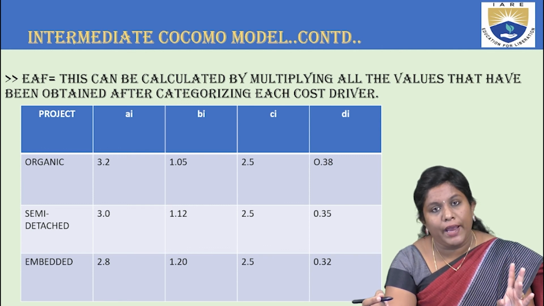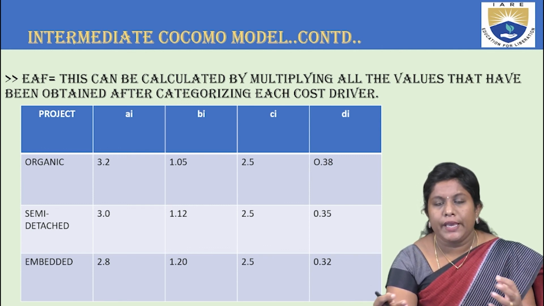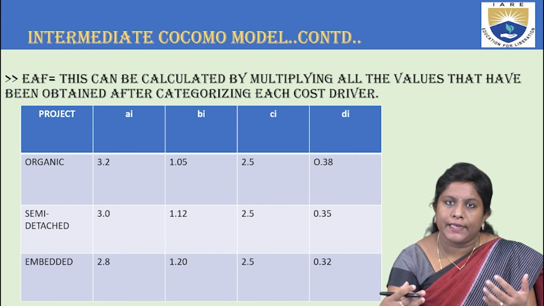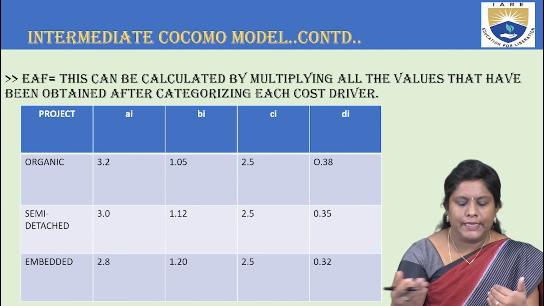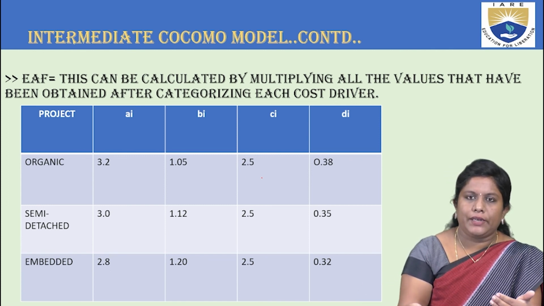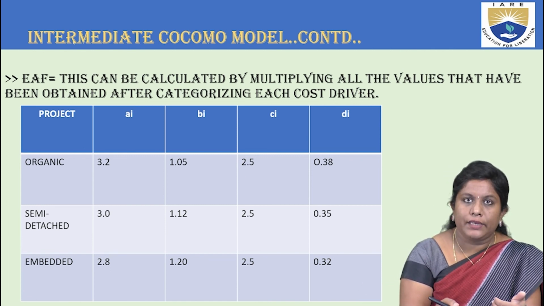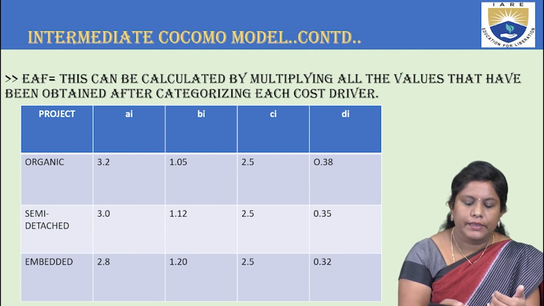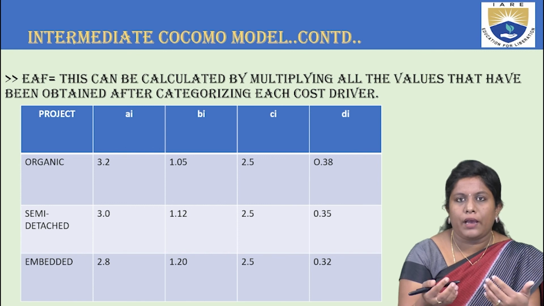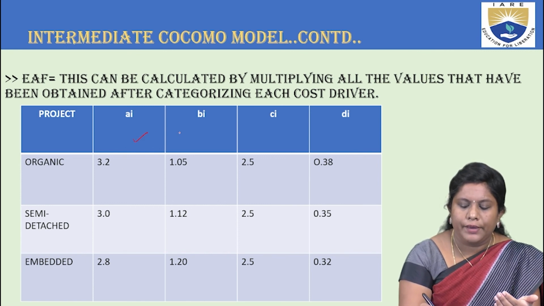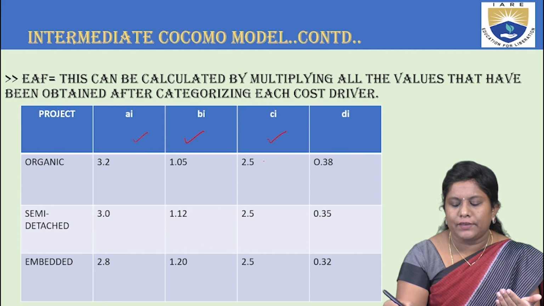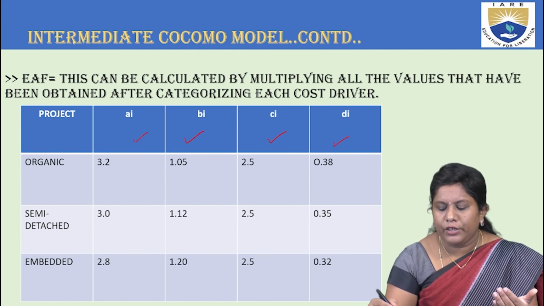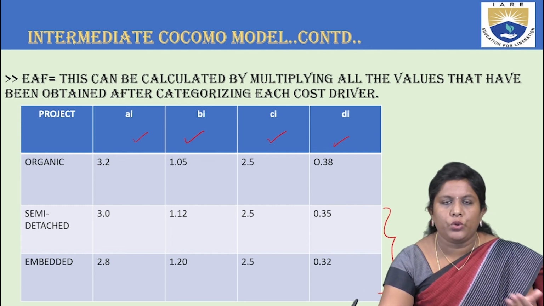So EAF and KLOC will be given in the question, based upon the formulas that have been stated priorly for the effort and the development time, taking these values relevantly. Suppose if you say organic in the intermediate COCOMO model, you are talking about the organic class. Then substitute the relevant things. If you are having AI, take the value of AI, BI, take the value, CI, take the value as 2.5, DI, take the value as 0.38. Similarly for these two things as well, as shown priorly.